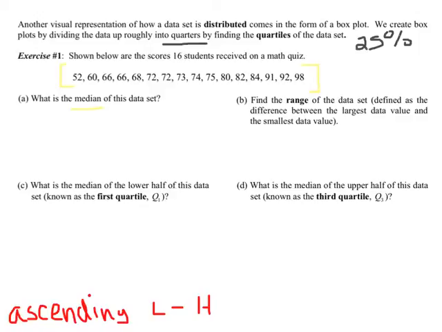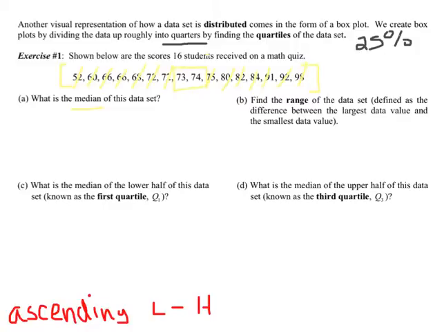All right, so what is the median of this data? I cross off the 52, cross off 98, cross off 60, cross off 92, and I do this equally all the way until I find the middle. So I got the middle. It's 73 and 74.